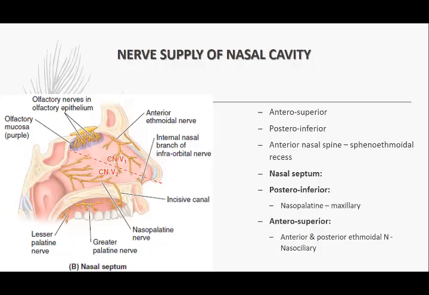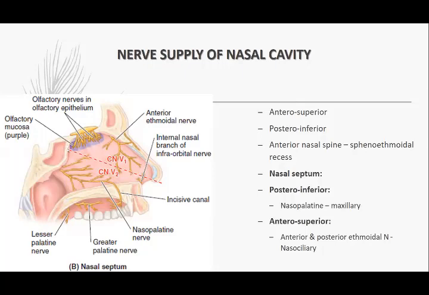Okay, coming to nerve supply. I was saying that the nerve supply is extremely important. We divide the nose, especially the nasal septum, into two parts, anterosuperior and posterior. How do we divide? Here is the nasal spine, so you draw a line from the nasal spine going back to the sphenoethmoidal recess.